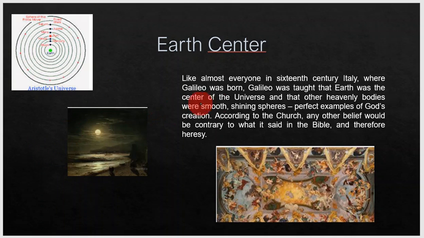So the emphasis would be that the heavenly bodies, like the moon, were smooth, shining spheres, perfect examples of God's creation. This is the idea that was in place at this time when Galileo was about and he was doing his thing.